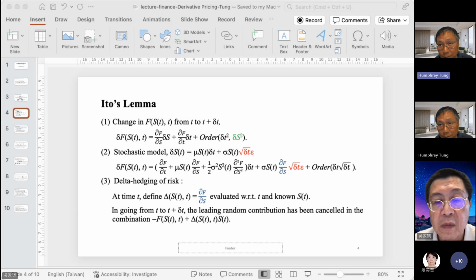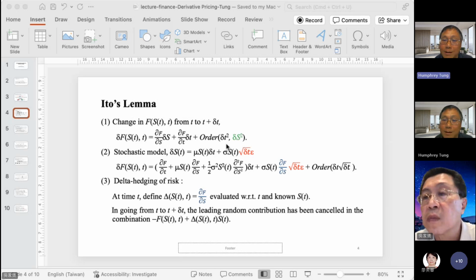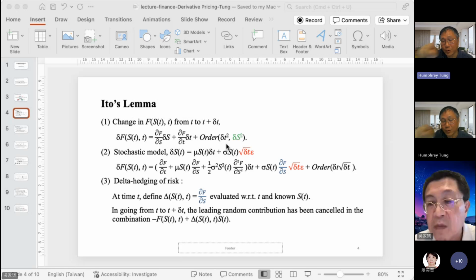That's why there's a term they call volatility smile. Volatility smile simply means your volatility cannot simply be a constant value. It looks like a curve, like a smile curve.